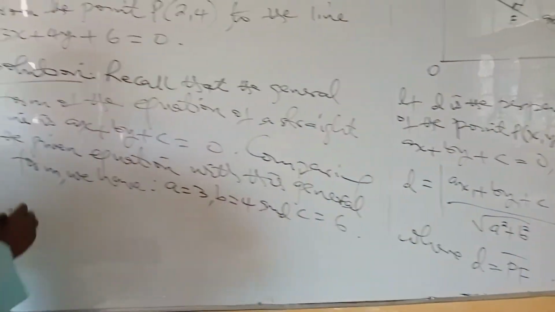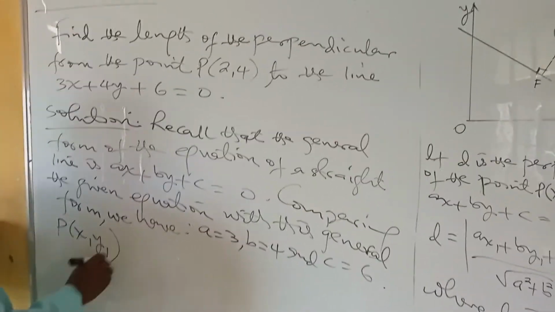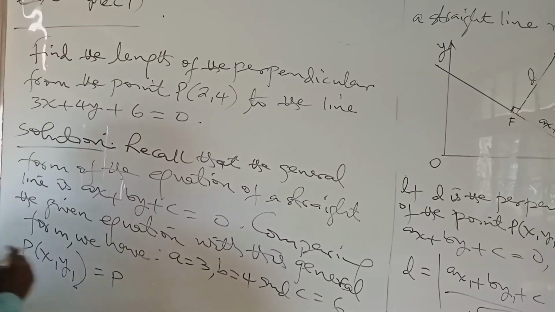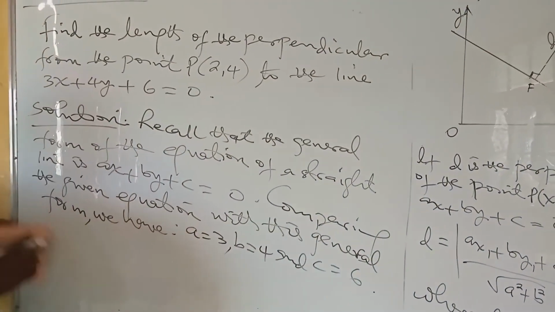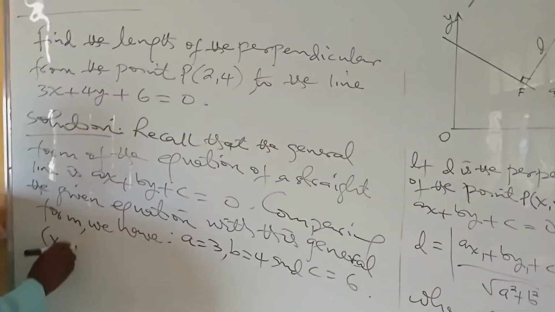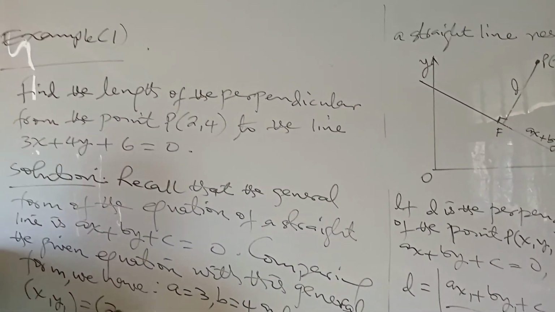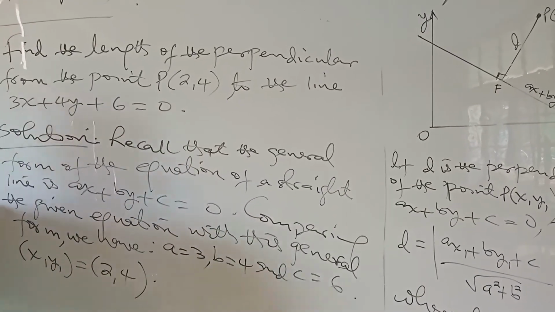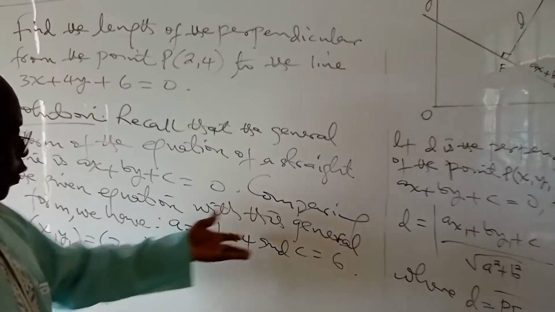Now, P x1, y1 is the same thing as this P, or let me just go straight by saying that in this case our x1, y1 is equal to the given point 2, 4. So all we have to do is plug in these values in the formula in equation 1.